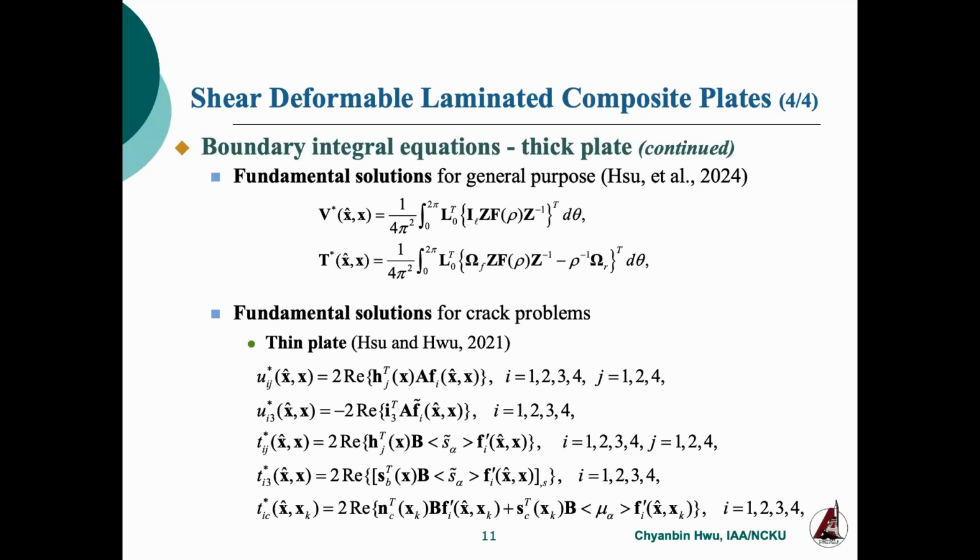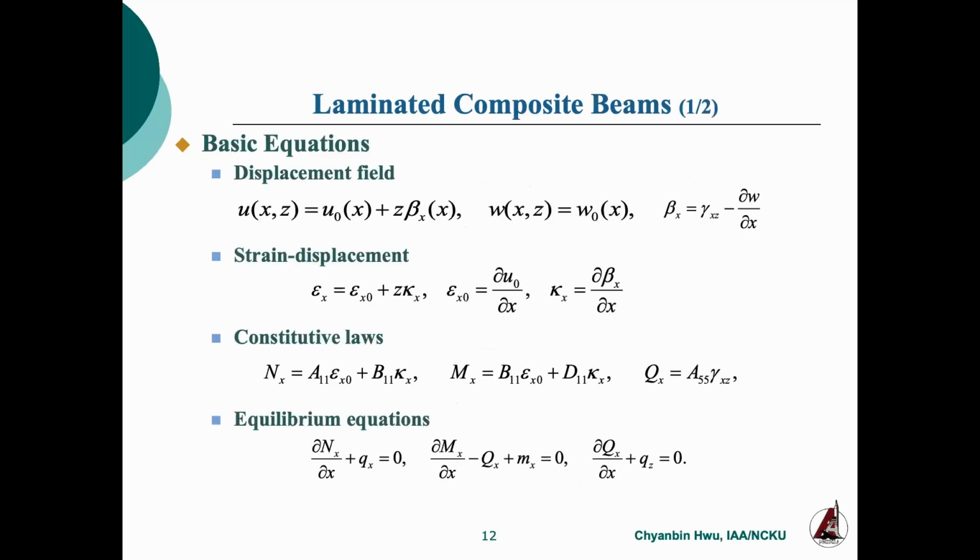And this is a fundamental solution for the crack problem, but this is only for the thin plate. And we got this solution by using the complex variable method. But for the thick plate, it's still very difficult for us to develop a similar complex variable method to get this solution. So this is what we are trying to solve.